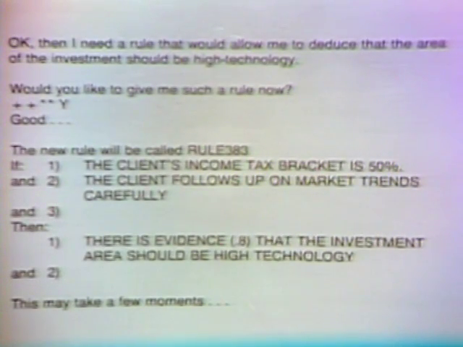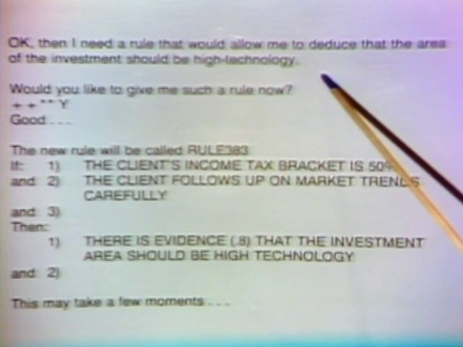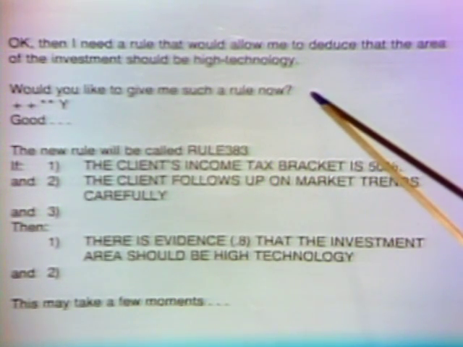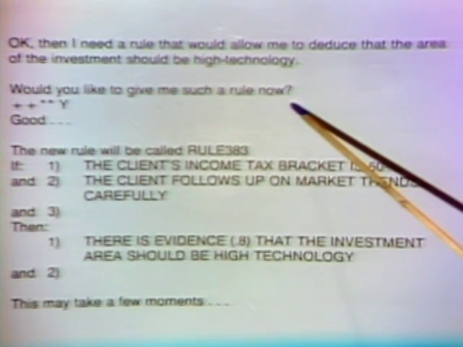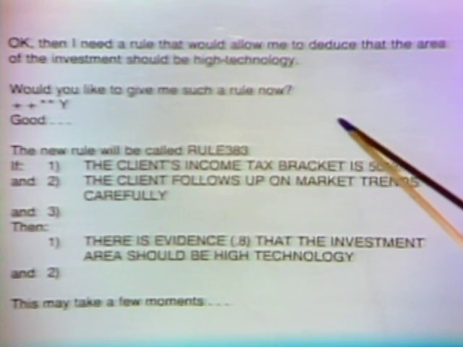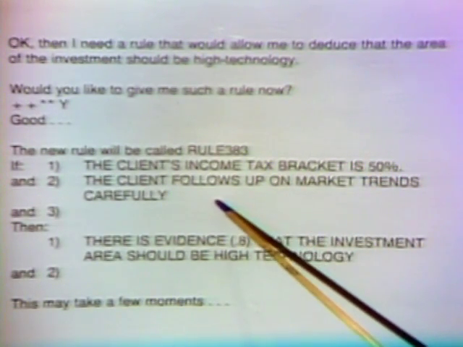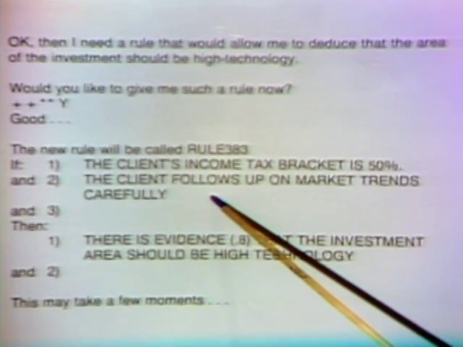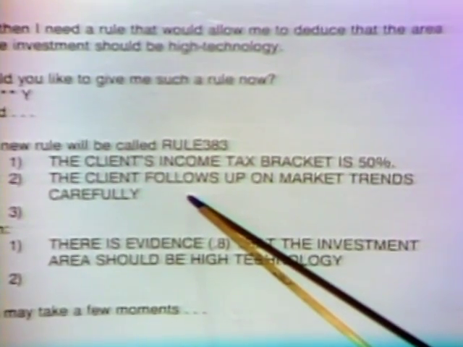That is, the system says first, summing up, I need a rule that would allow me to deduce that we want to be in the high technology area. Do you want to give me a rule like that now? And the user says, yes, indeed, I will. And then proceeds to type in the appropriate text. Here's the user's natural language version of the rule he wants to add to this system.